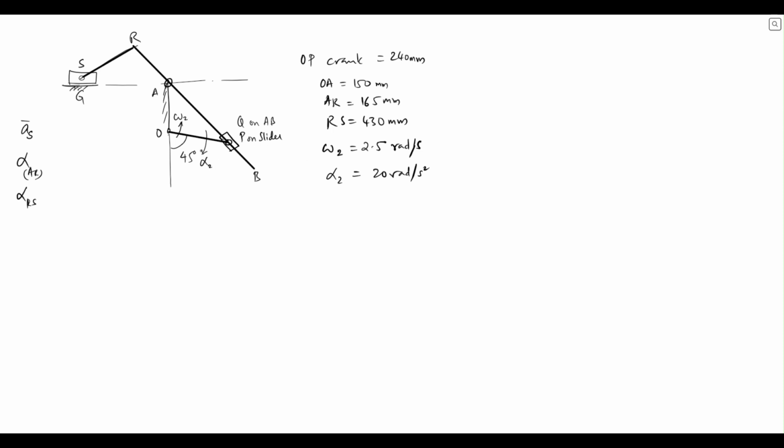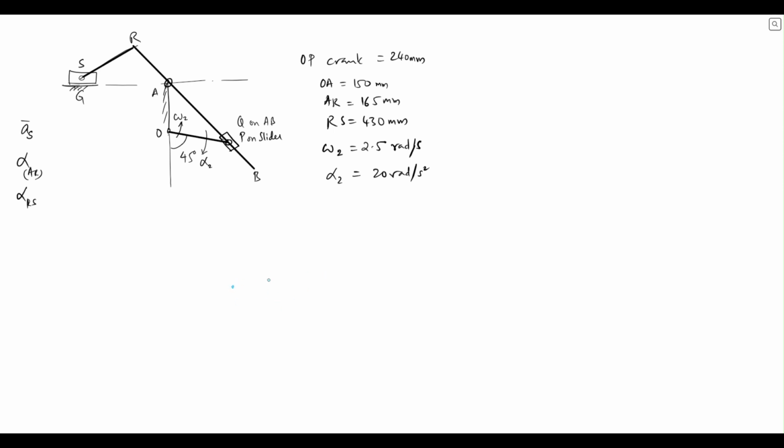Obviously, if I move forward in time, if I do time stepping, at that point omega is not going to remain 2.5 anymore because alpha 2 is present. So we are trying to solve this for the situation when alpha 2 is 20 radians per second squared and omega 2 at this instant is 2.5 radians per second.